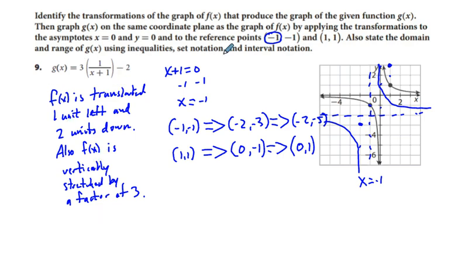So using inequality and set notation, but first a verbal description of what's going on.